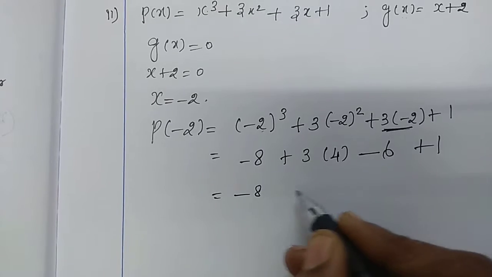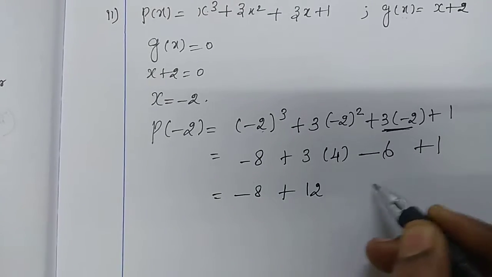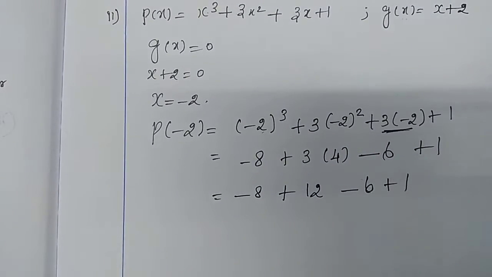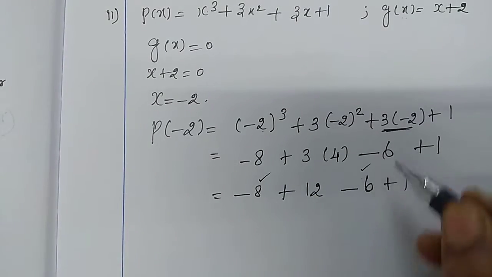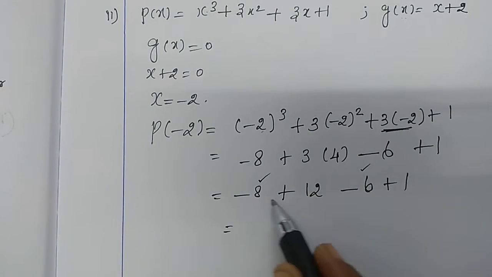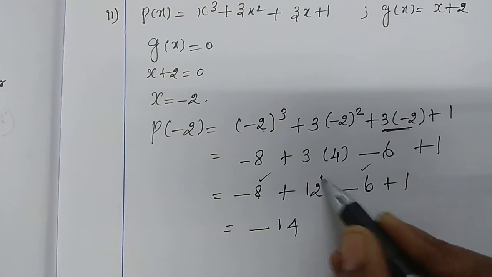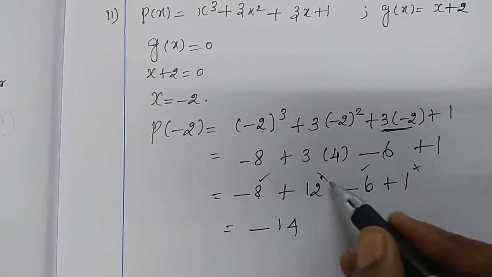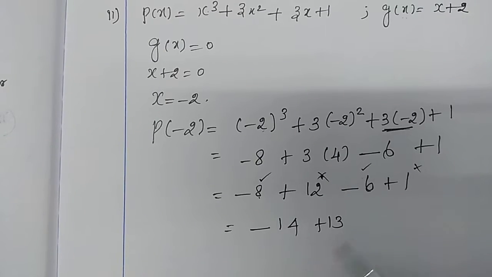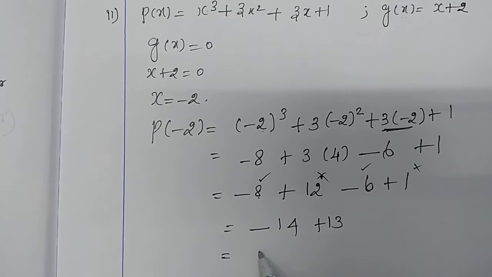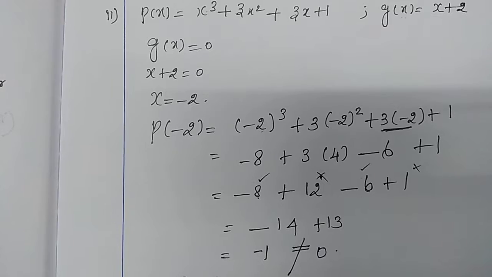It is minus 8 plus 12 minus 6 plus 1. So add these two minus numbers: minus 8 minus 6 is minus 14, and the plus numbers give plus 13. The simplified answer is minus 1. Surely this is not equal to 0. Therefore, p of minus 2 is not equal to 0.